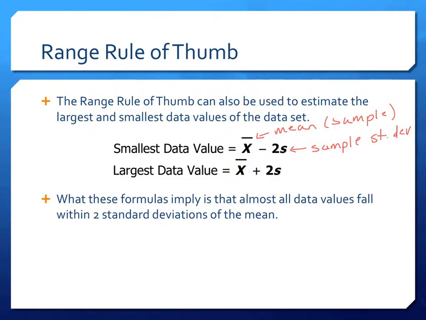The largest data value, you take the same x bar and add 2 times the standard deviation. So what these formulas imply is that almost all of the data values are going to fall within 2 standard deviations of the mean. And so that gives us kind of like an estimate of the range of our data based on the standard deviation.